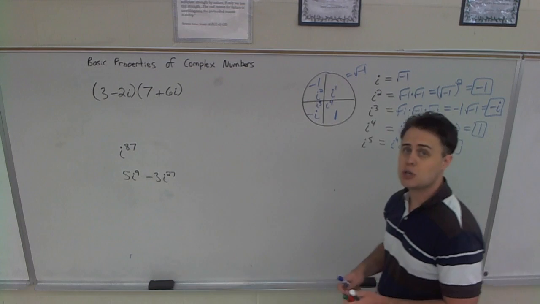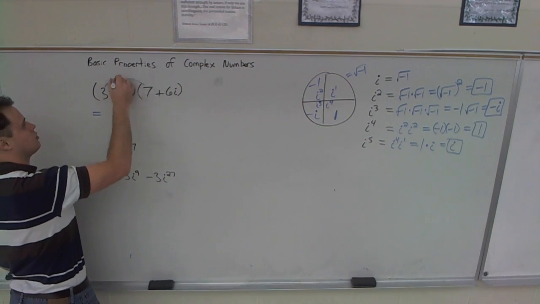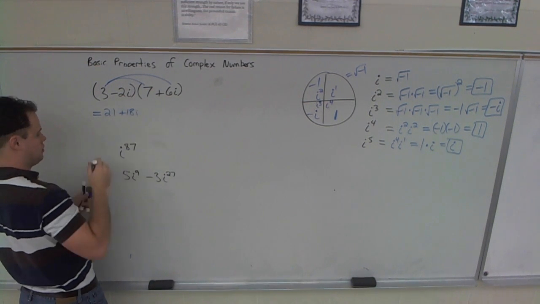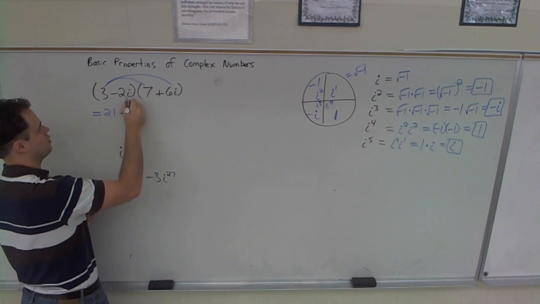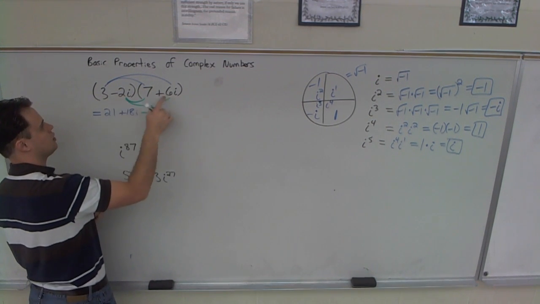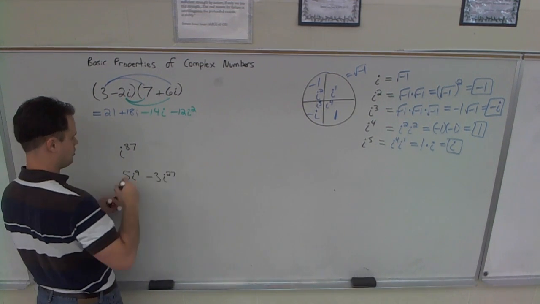Okay, so just so you can check your work on these guys, here's what you should have gotten. 21 and 18i, and then we've got negative 14i and negative 12i squared.